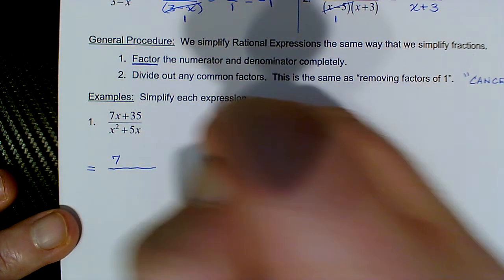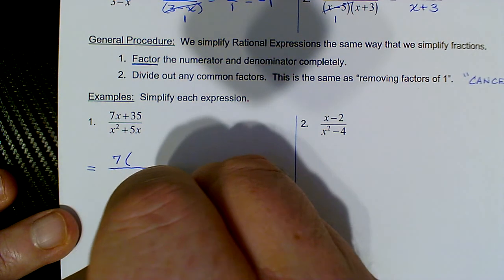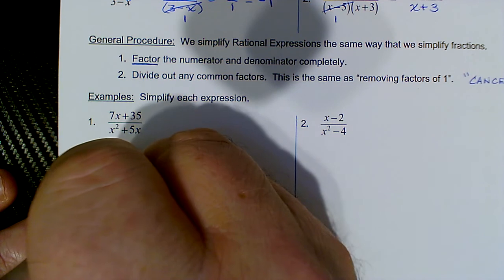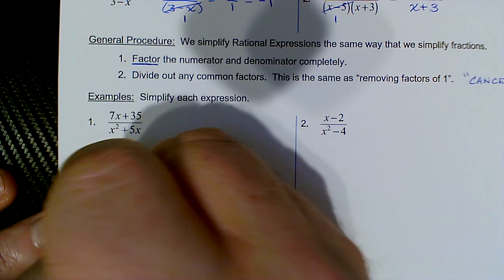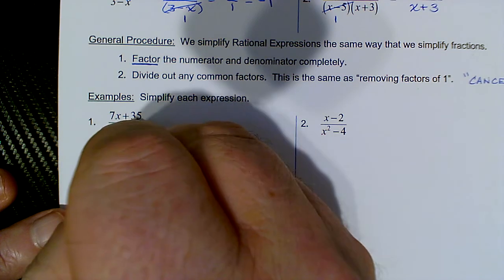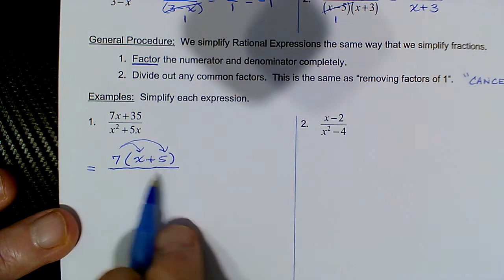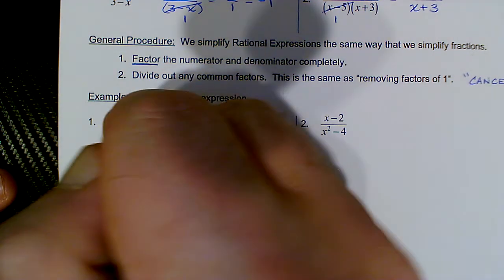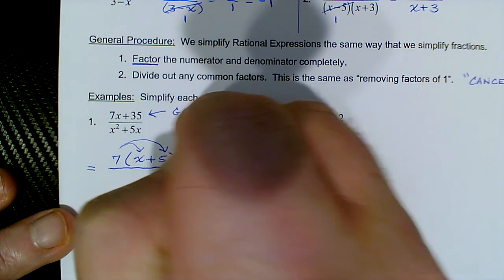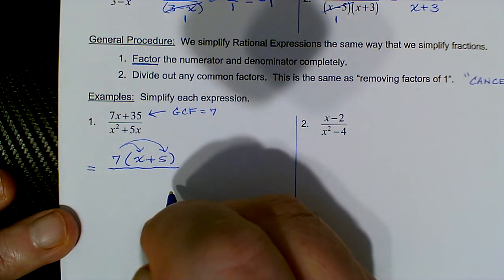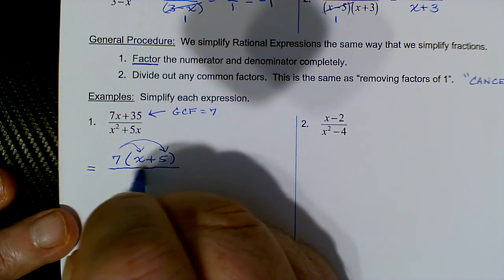Remember, we reverse the distributive property. And so we ask 7 times what is going to give us 7x, and that would be an x. And then 7 times what is going to give positive 35, and that's plus 5. And remember, when we factor out the greatest common factor, the greatest common factor here in the numerator was 7. And when we factor out the greatest common factor, we're going to have as many terms in parentheses as we had originally in that expression.